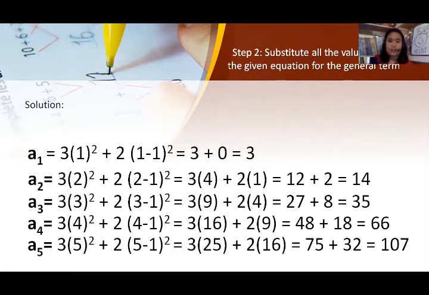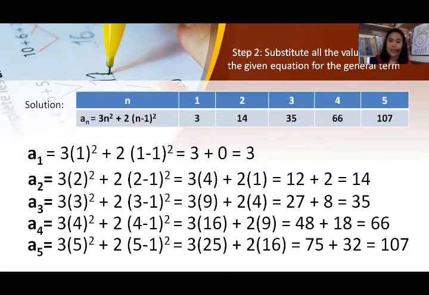So, since we were able to generate now the first 5 terms of this general term, it will give us now the completion of the table, which is for the first term we have 3, second term we have 14, third term we have 35, and fourth we have 66, and the fifth term of course is 107. Nasagot ba natin yung tanong kanina or your problem na kailangan nating mag-generate ng first 5 terms? Yes, we were able to answer that here because we were just substituting now the values of n.